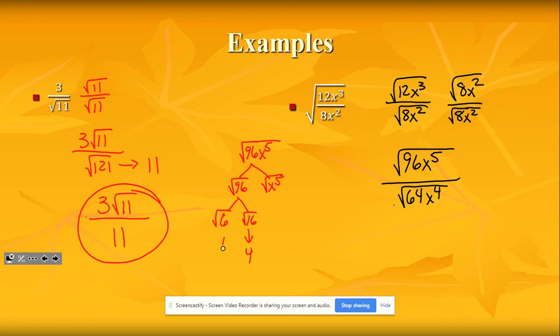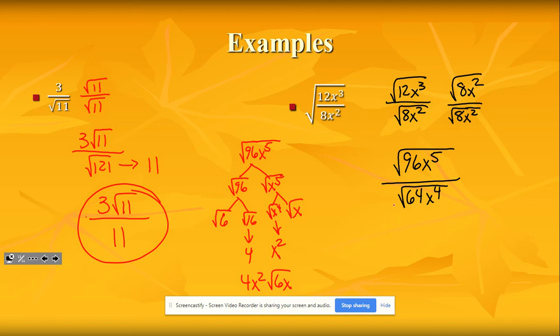And then radical x to the fifth is simplified into radical x to the fourth and radical x. Radical x to the fourth becomes x squared. So putting them together, I end up with 4x squared radical 6x.